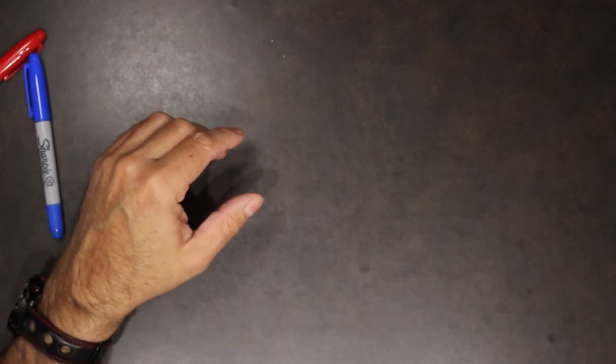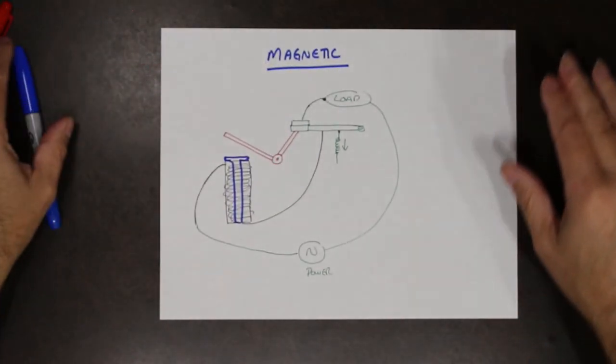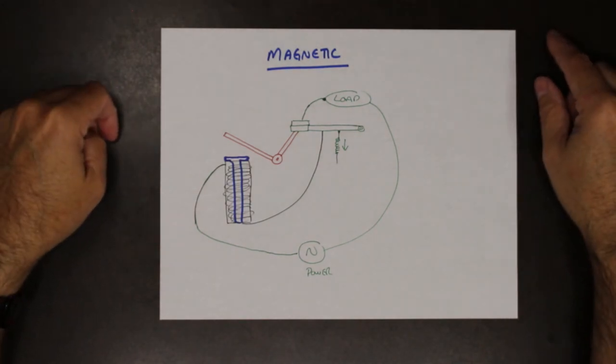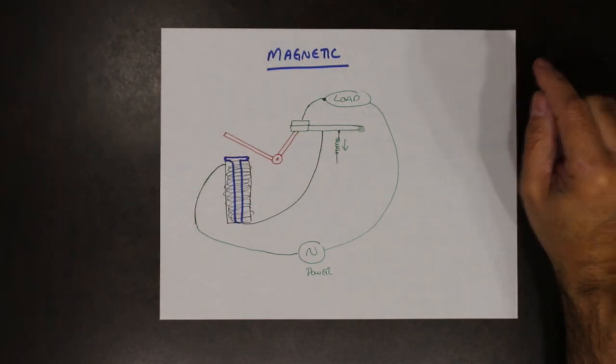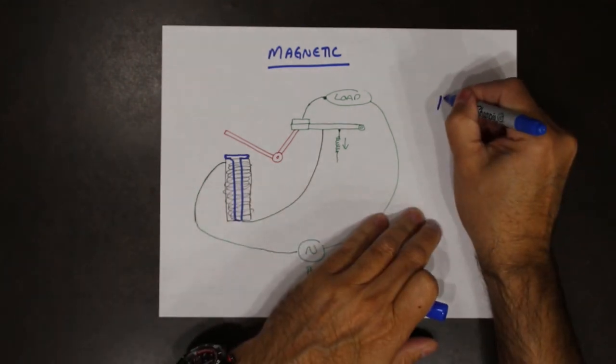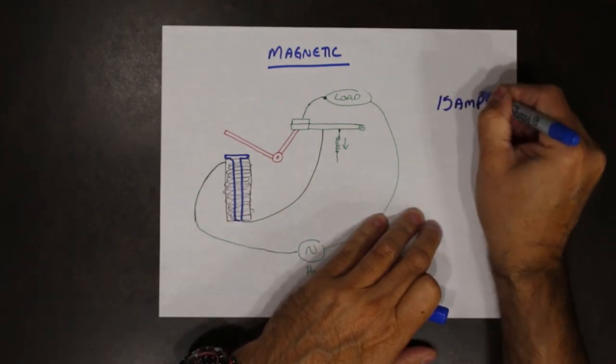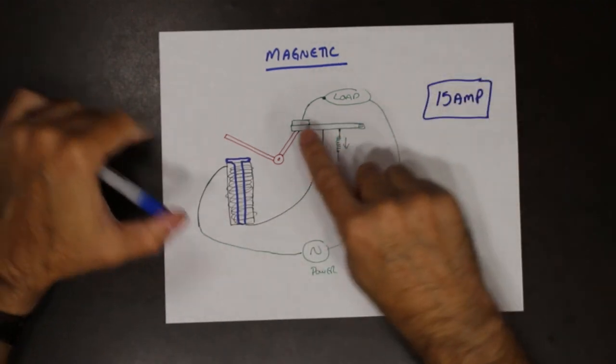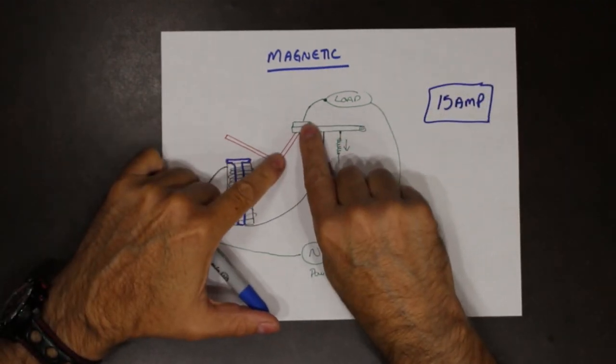The last type that you'll come across is magnetic. So this one, there's no thermal properties at all. Basically, and again, let's take a 15 amp breaker as an example. So here's our contacts.